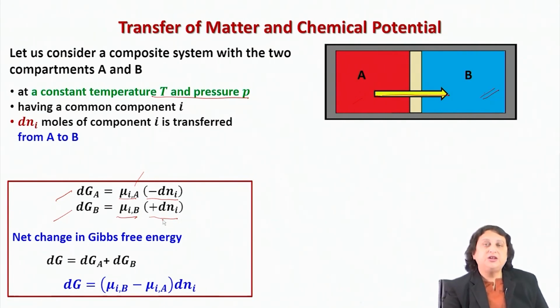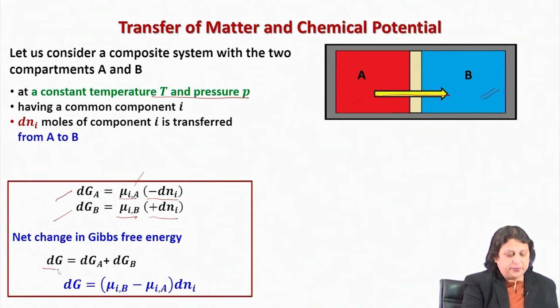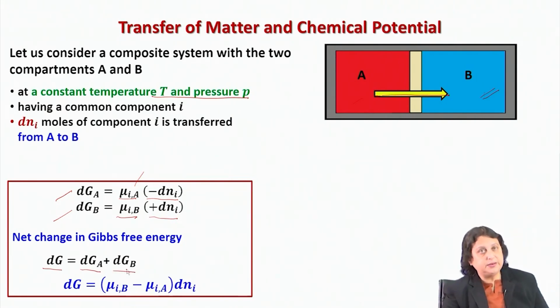So due to this transfer of matter from A to B, what is the net change in Gibbs free energy at the given constant temperature and pressure? I can evaluate that provided I can sum up dGA and dGB.